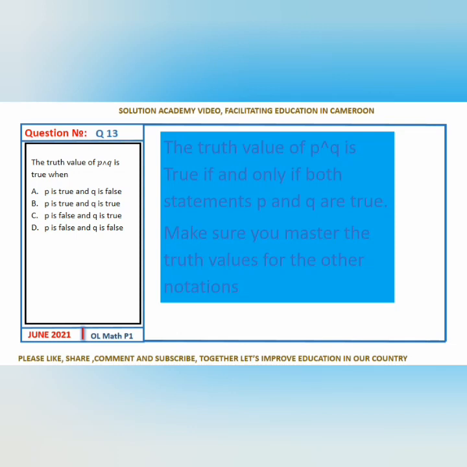Actually, the statement P and Q is always true if and only if the first statement is true and the second statement is true as well. Else, it will always be false.